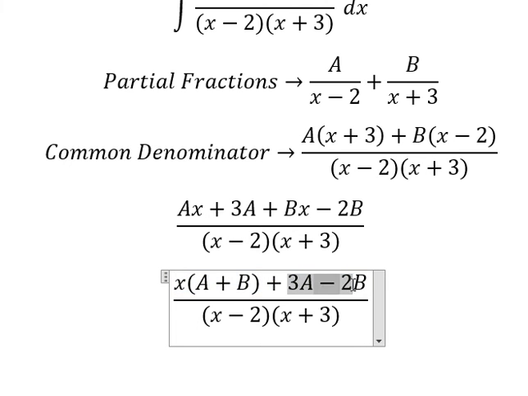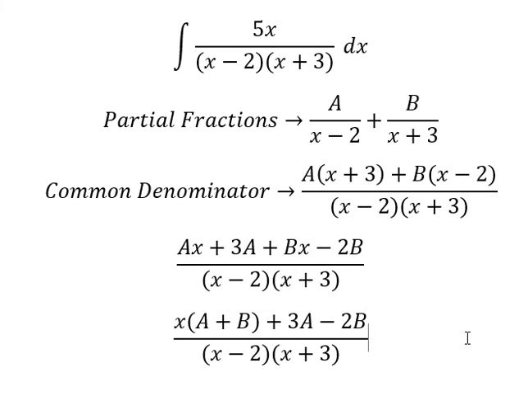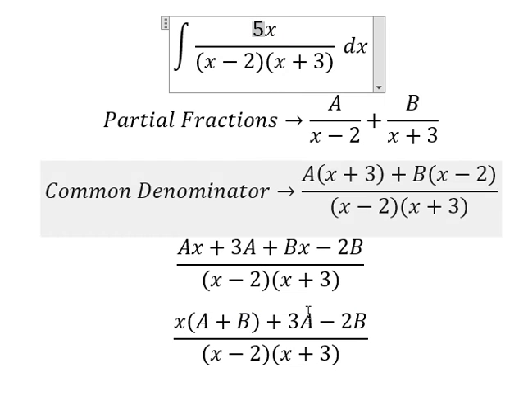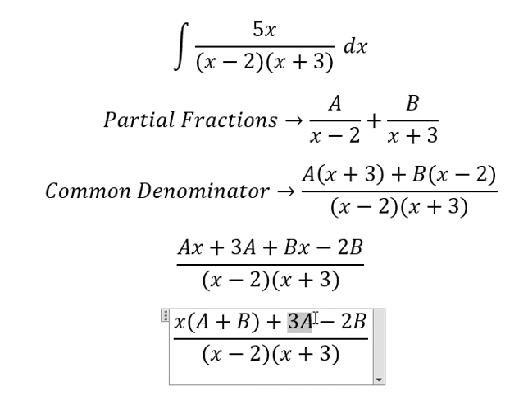About the numbers, we have 3a minus 2b. So, let's compare coefficients. We have 5s, so this is about s, and we have s in here. So, a plus b equals number 5. We don't have the numbers in here. So 3a minus 2b equals number 0.